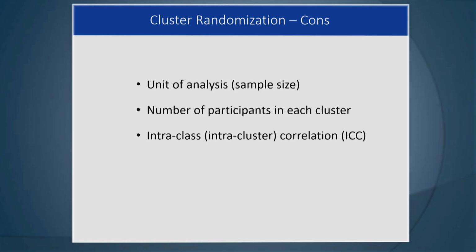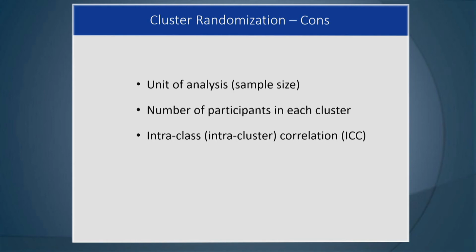And then you have the intra-class or intra-cluster correlation. It's very important to take into account the effect of an intra-class correlation. What is the intra-class correlation? Basically, it says that within a cluster, there is similarity. They are all within that cluster, they're not from another cluster.